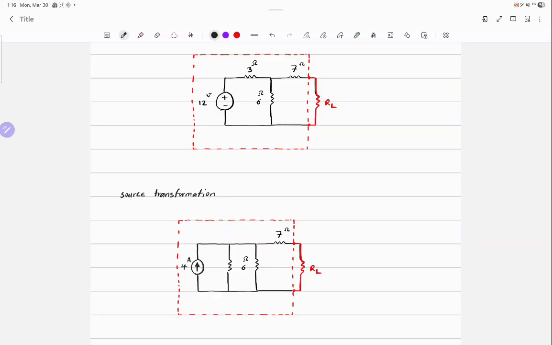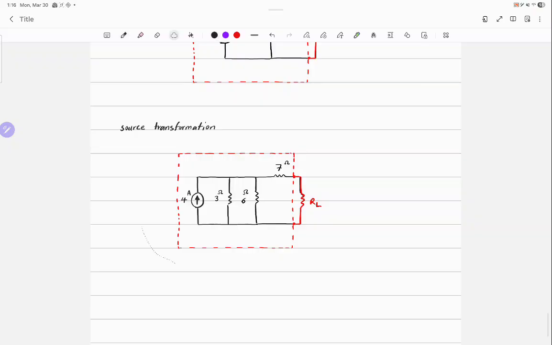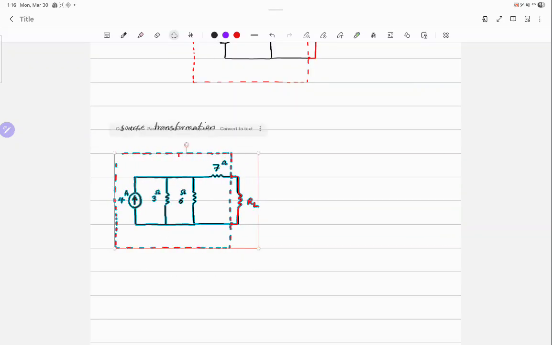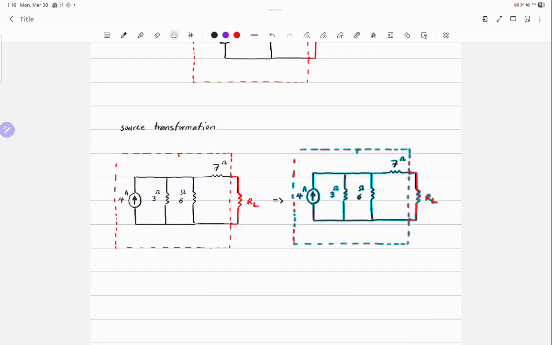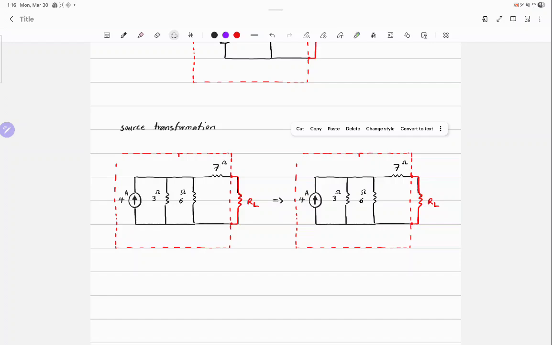What's the value of the resistor in parallel with it? 3 ohms. Then change it back to a voltage source, right? Or first you can combine these two. What is 3 in parallel with 6? 2.